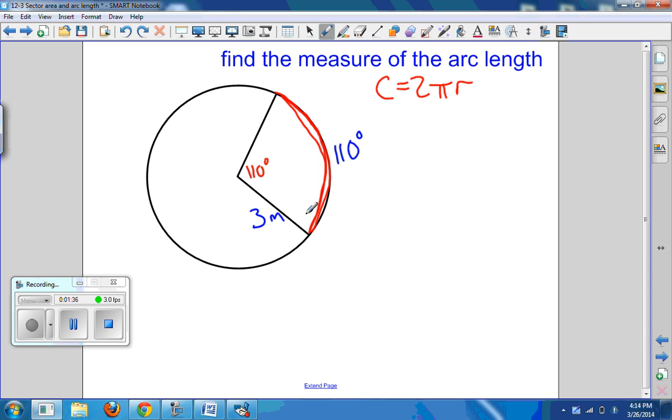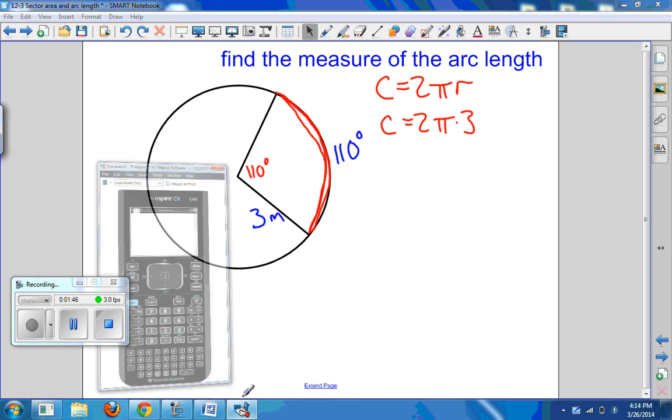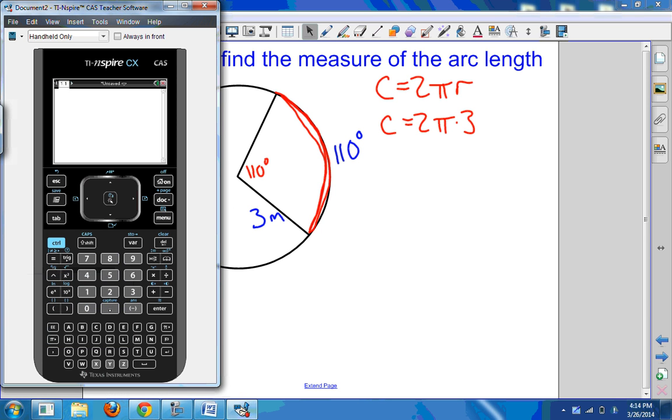So let's first find the circumference. The circumference will equal 2 times pi times the radius, which here is 3. I'm going to put that in my calculator. 2 times pi times 3.